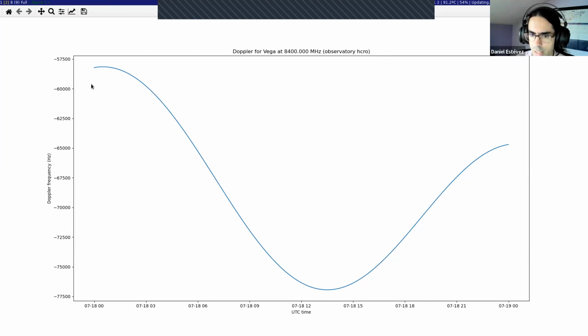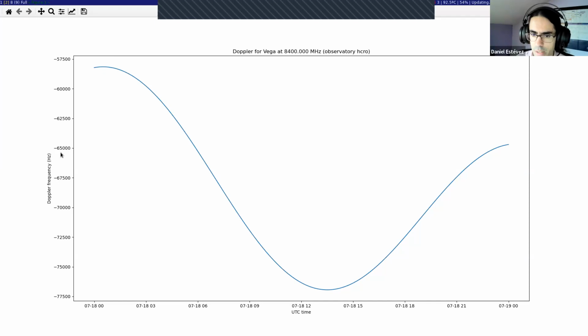And you can see that it's mostly centered at minus 600 kilohertz. So that's what I meant by most of the Doppler in quantity is due to the Earth rotation around the sun.